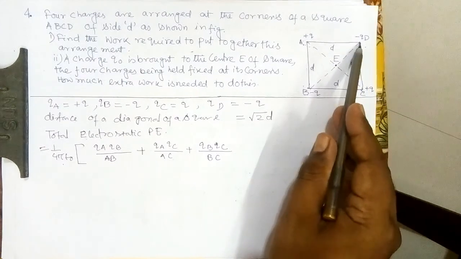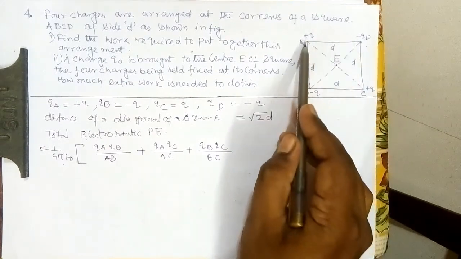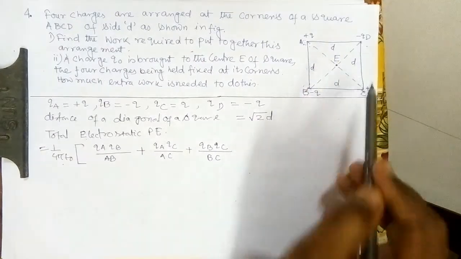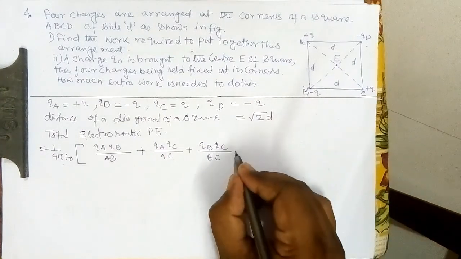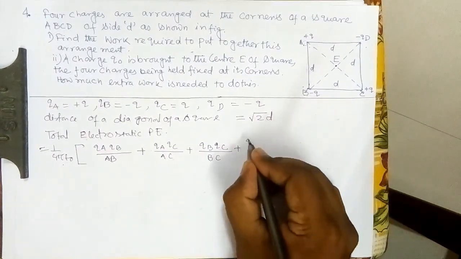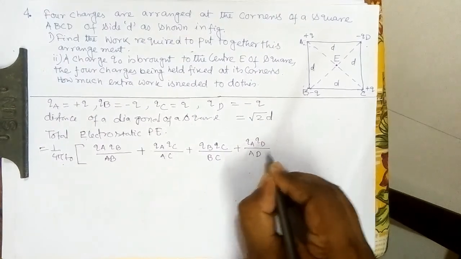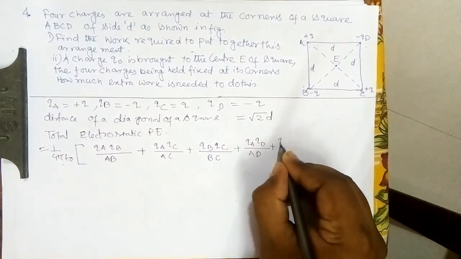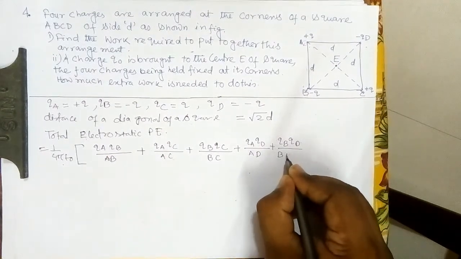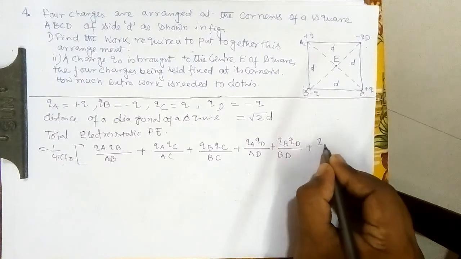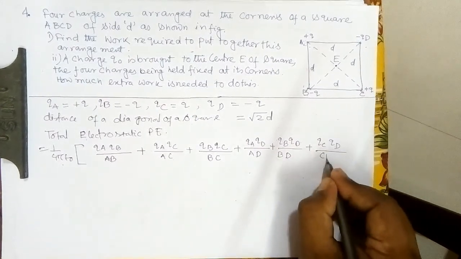Now when the fourth charge D comes, it will do work against A, against B, and against C, because three charges are already set there. So first, QA into QD by AD, plus QB into QD by BD, plus QC into QD by CD.